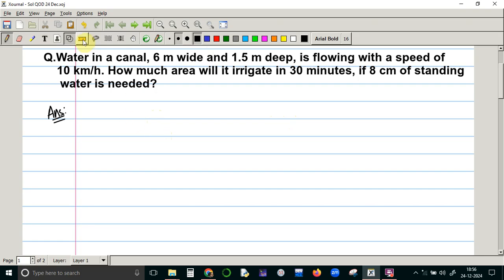So I'll have a section of a canal and it's cuboidal in shape.